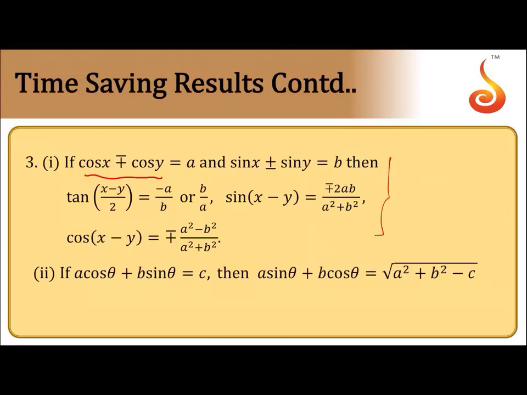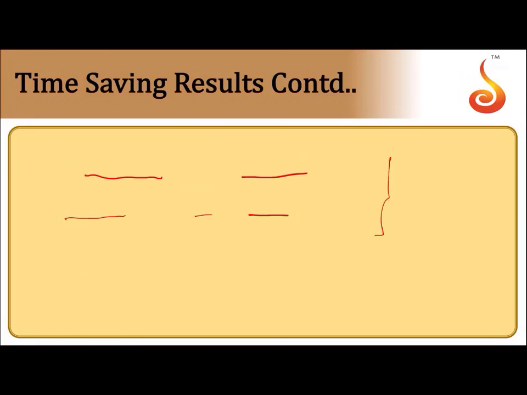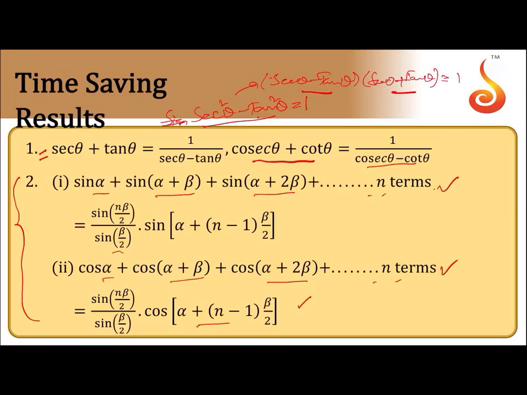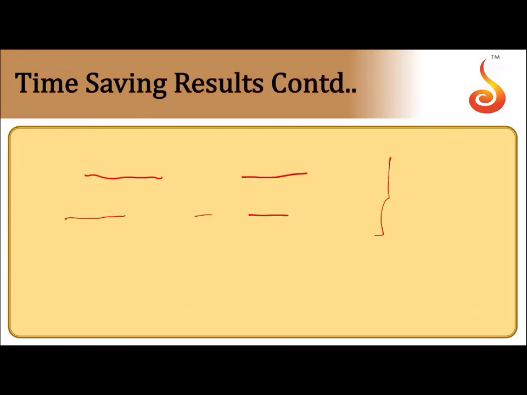By using cos x plus cos y and sin x plus sin y, or cos x minus cos y, sin x minus sin y, depending upon the sign you take, we can derive them by applying the transformations. Tan of x minus y could be either minus a by b or b by a. Sin of x minus y could be either minus 2ab by a square plus b square or plus 2ab by a square plus b square.